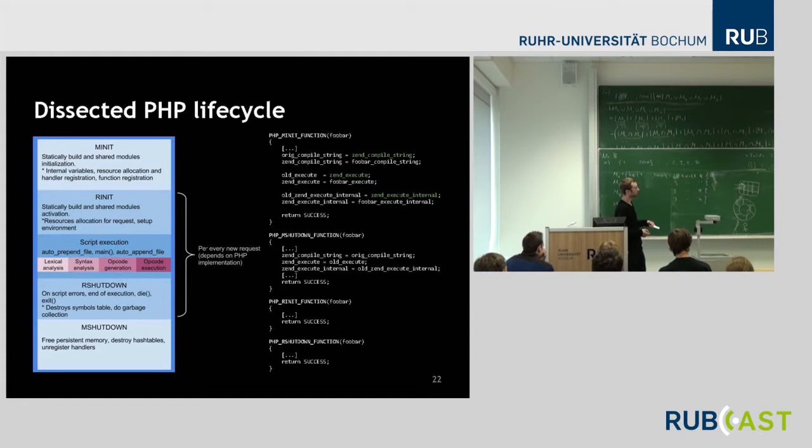They should be used within requests. Allocations that should live through the whole runtime, from minit to mshutdown, should be prefixed with pe, so pemalloc and others. It was made generally to handle situations like abnormal script termination, like die or exit. So this is how Zend fights memory leaks.